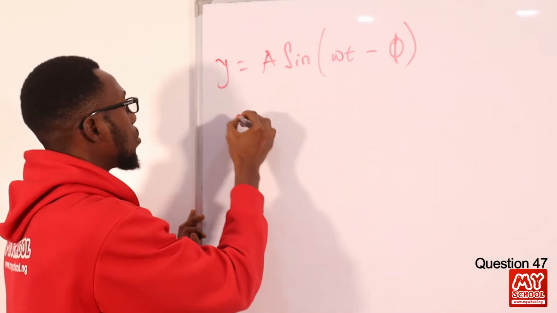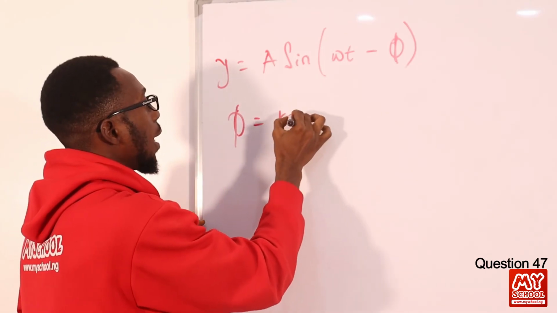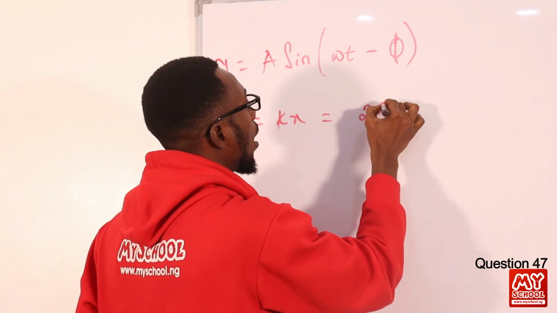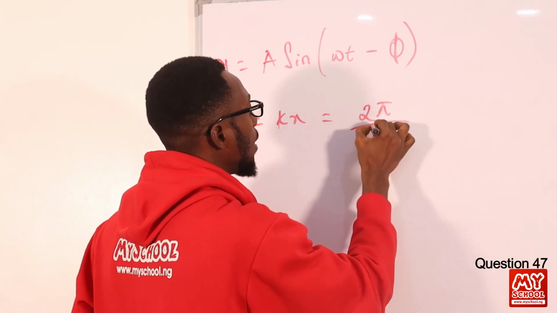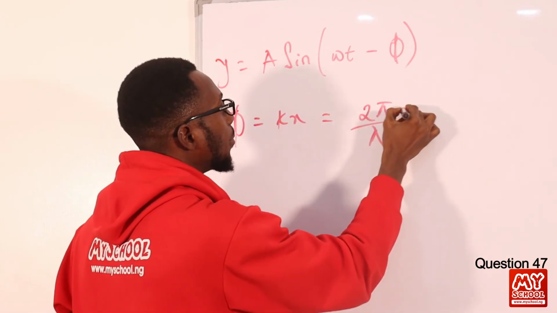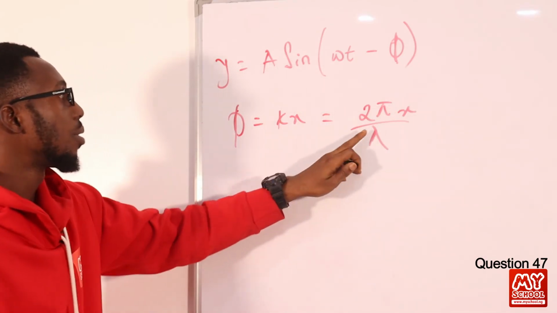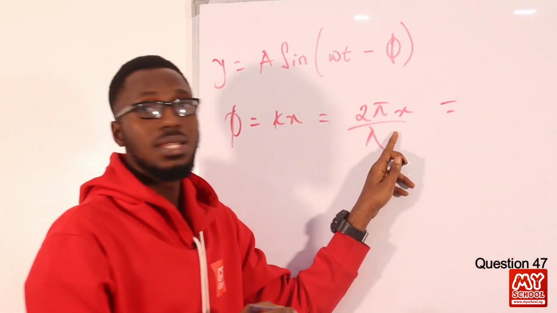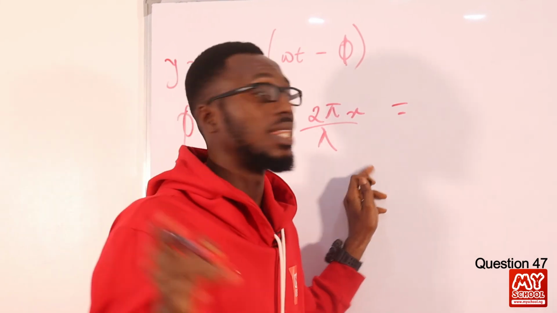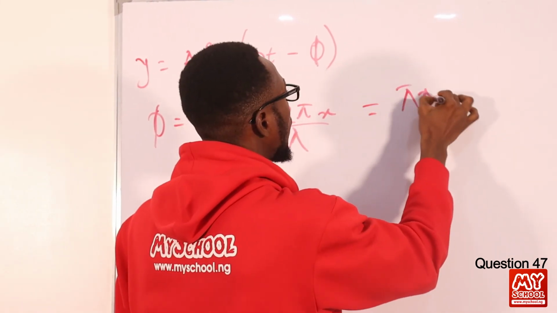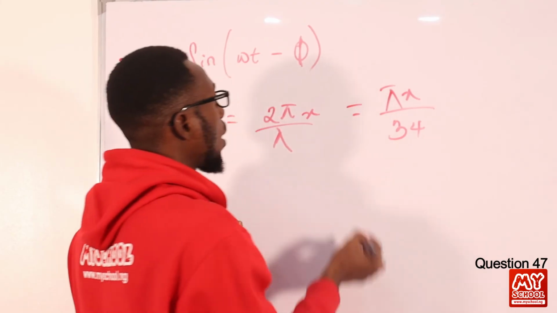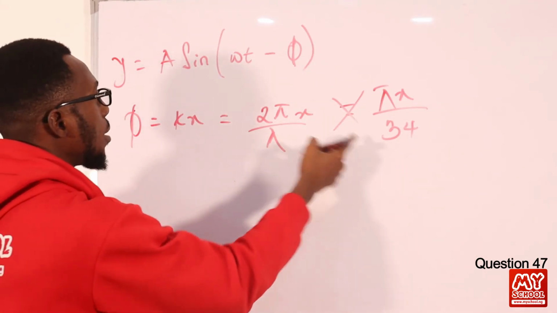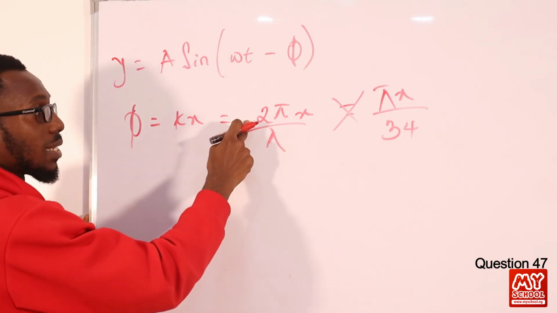So this is what we are going to do. Standard, we know that this equals kx, or you can say this is the same thing as 2 pi over the wavelength, with our x here. So we are going to compare this with what we are given in the question, where the phase angle is pi x over 34. If we cross multiply, since we are looking for the wavelength, I will have 34 times 2, that is 68.